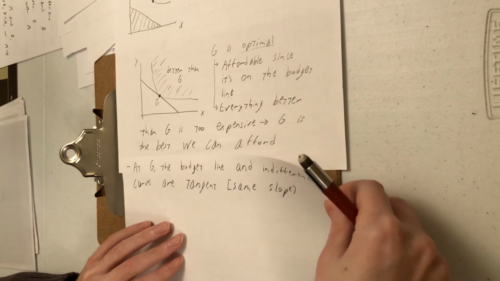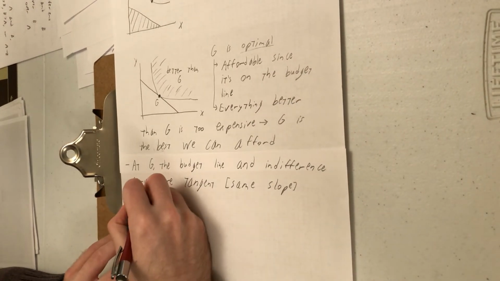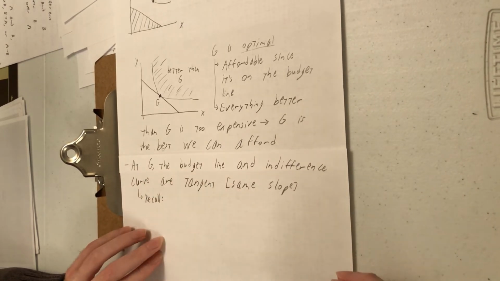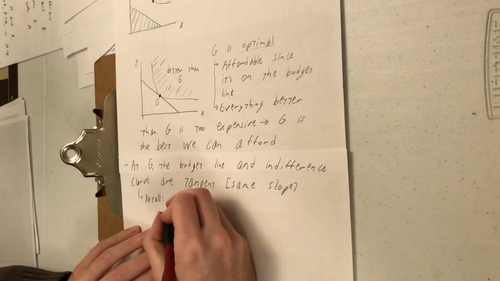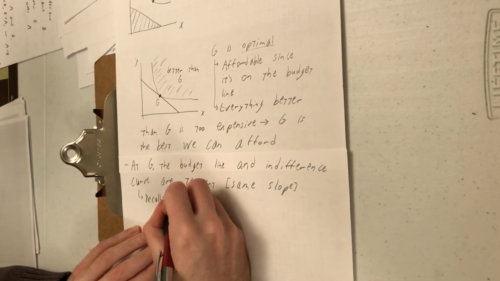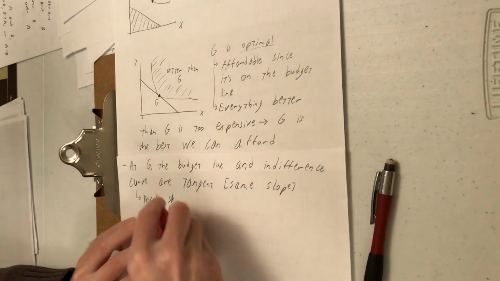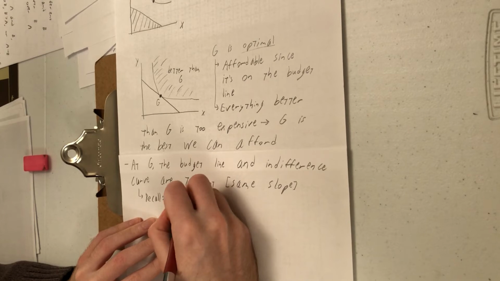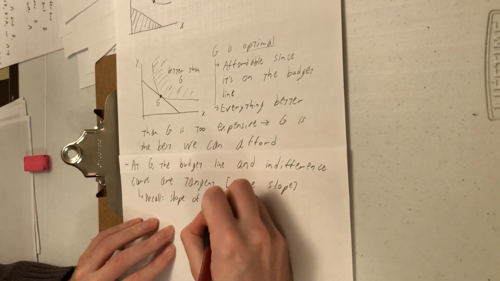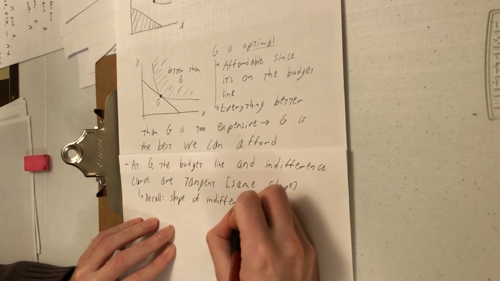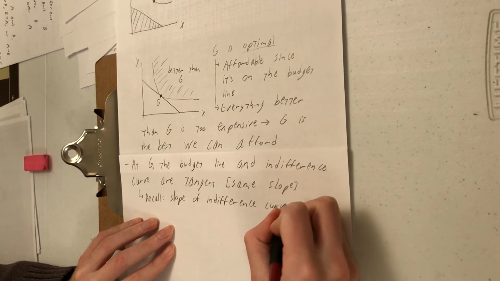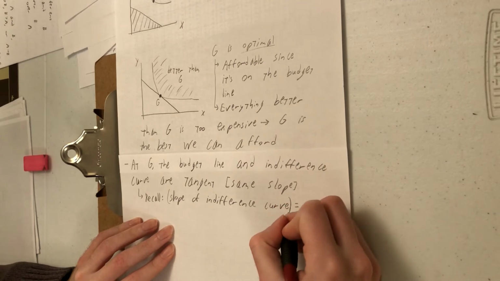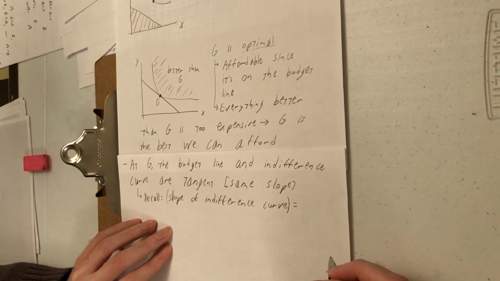So what's so special about that observation? Well, we had a name for the slope of the indifference curve. Do you guys know what that name was? The slope of the indifference curve?